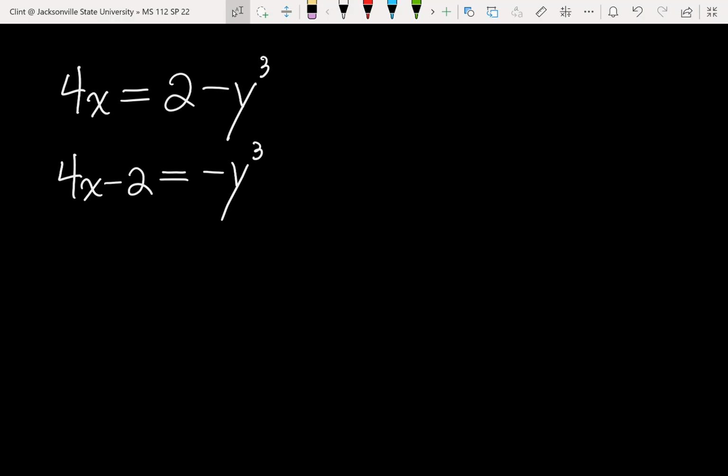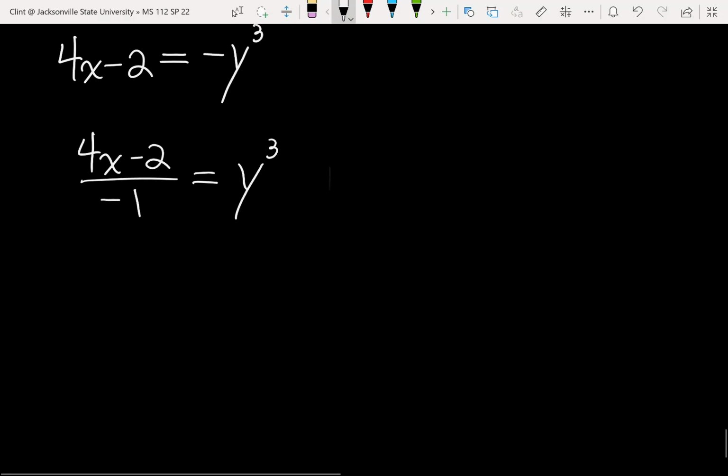What could we do next? We could divide by -1. Yeah. Or you could think about multiplying both sides by -1. That would be okay too.